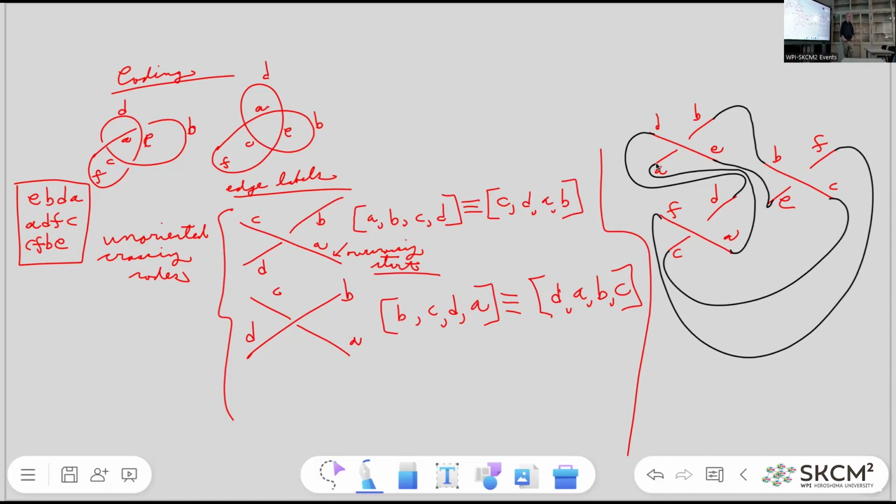But you reconstruct it. Okay, so this code actually tells you the knot diagram, but tells it to you in a way that you can hand it to a computer.